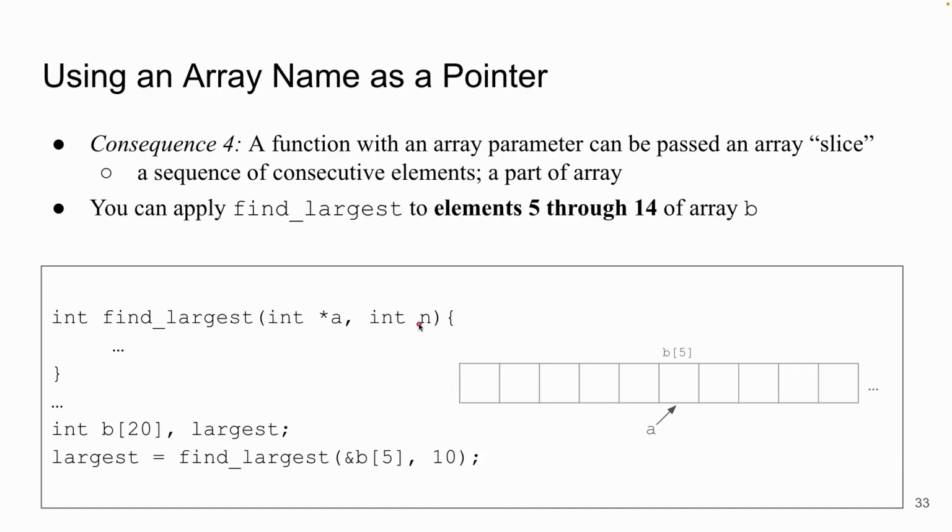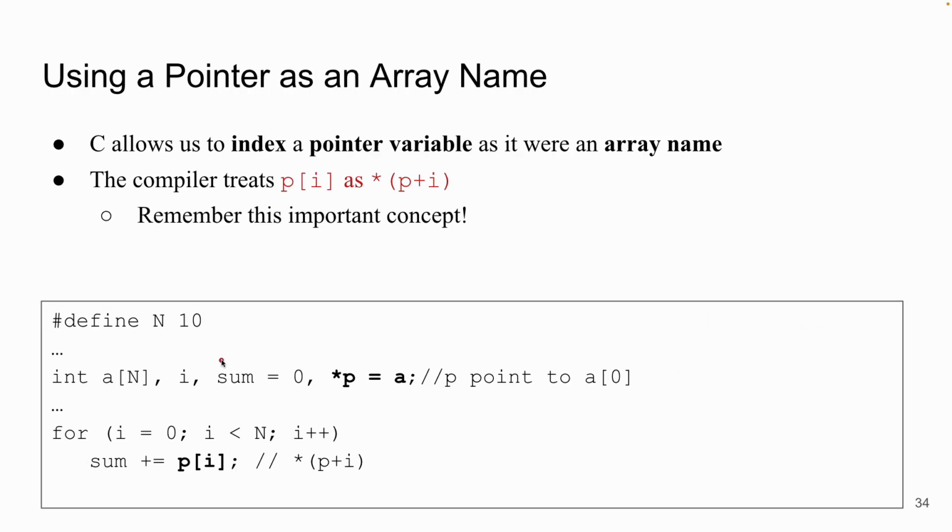So n will represent the length of the array, and I can use these two parameters here to control the part of the array this find largest function can see. So for the find largest function, the first element that A is pointing to is B[5], and the length of this array is only 10.